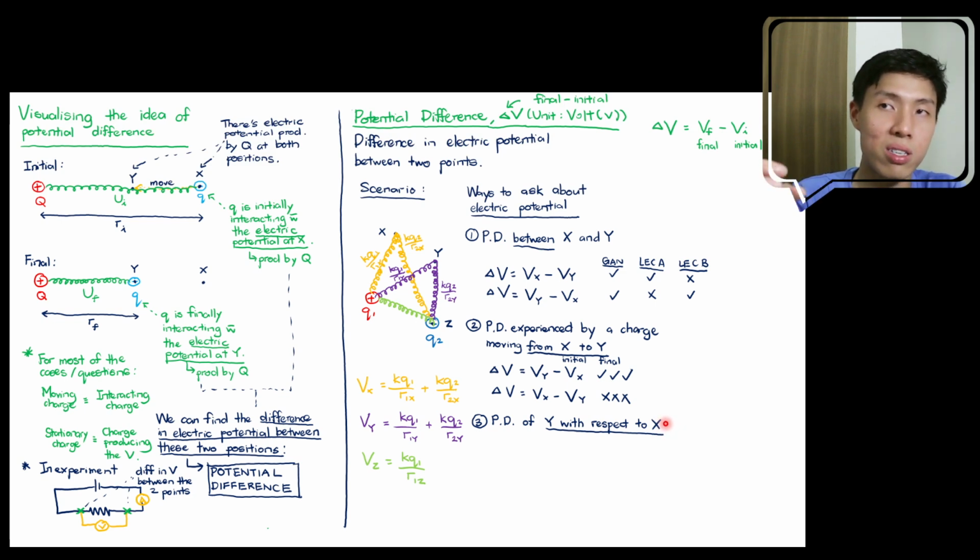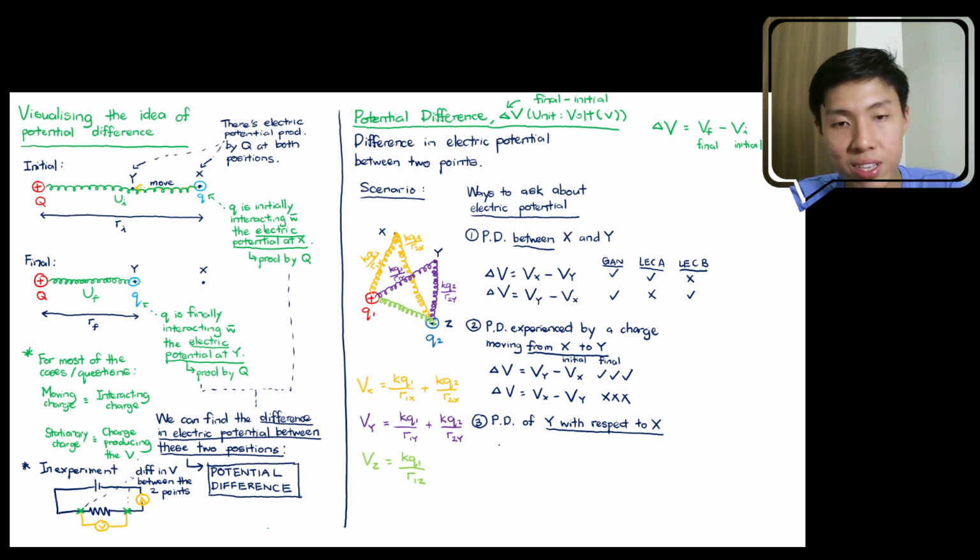So how much is the electric potential of Y if we compare it with X? So X serves as our baseline. Whatever serves as our baseline should actually be the thing that is at the back. So in this case, it's Vy minus Vx. That is acceptable. If you do Vx minus Vy, that will be incorrect.